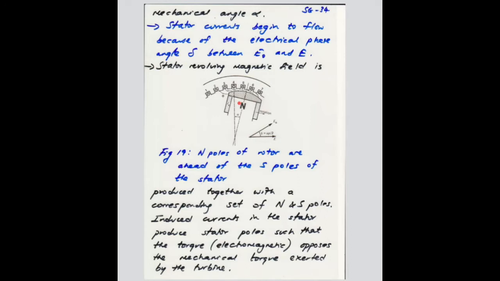And so this force of attraction that's pulling the rotor back is what you call your electrical torque, and it acts in the opposite direction to the mechanical torque, right? So the mechanical torque in this case is clockwise, and the electrical torque is anti-clockwise. So it's going to oppose the mechanical torque.